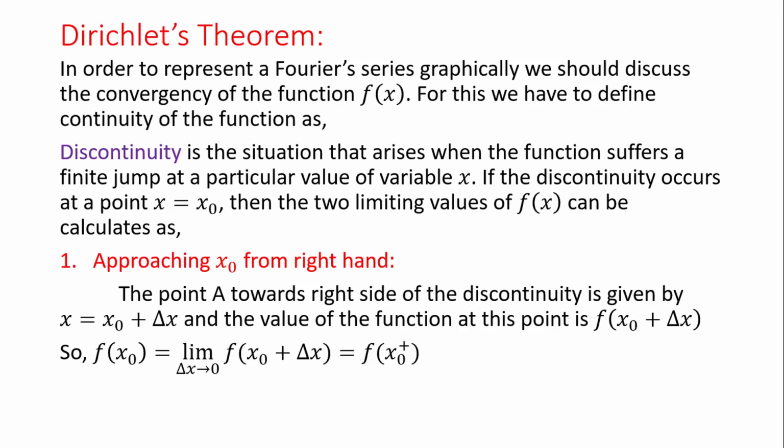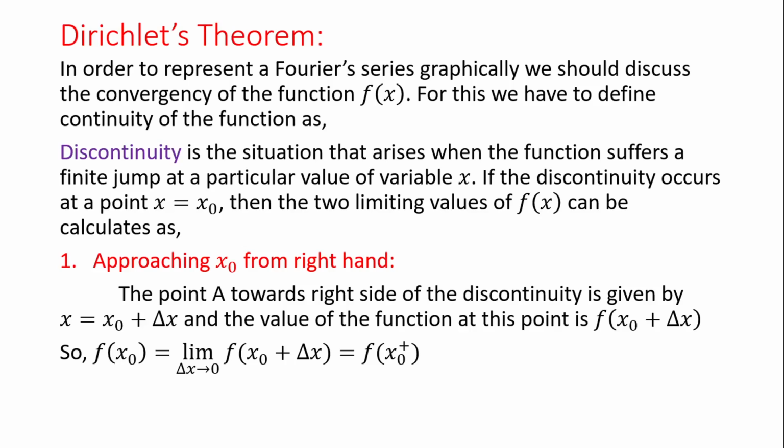And if it is a finite jump at x equal to x0, there exists two limiting values of fx at x equal to x0. Interesting, isn't it? For a single value of variable, that is x0, since there is a finite jump, we came across two values of a function fx.